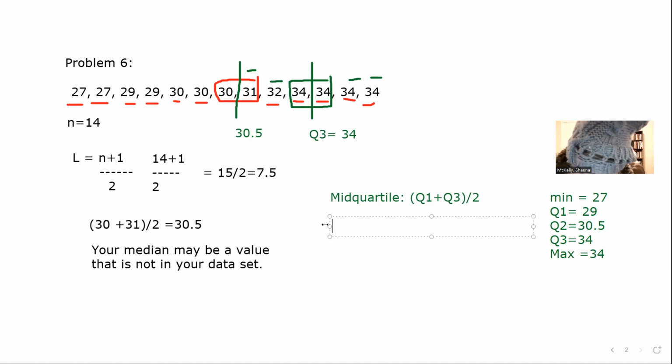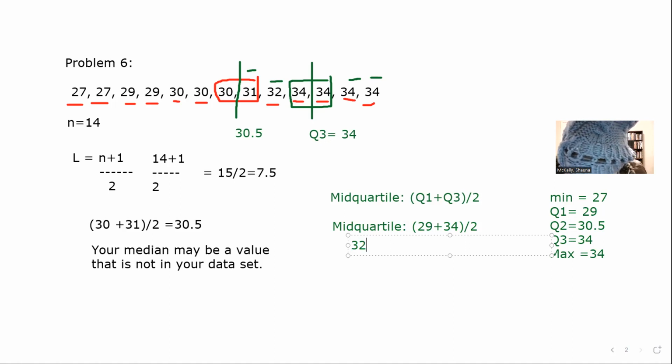Your mid quartile was Q1, which is 29, plus Q3, which is 34. 29 plus 34 divided by 2. Okay. If you take 29 plus 34, that's 63. 63 divided by 2 is 31 and a half.